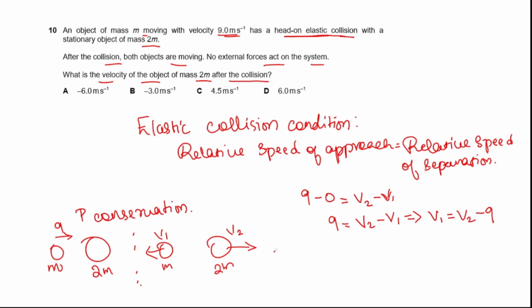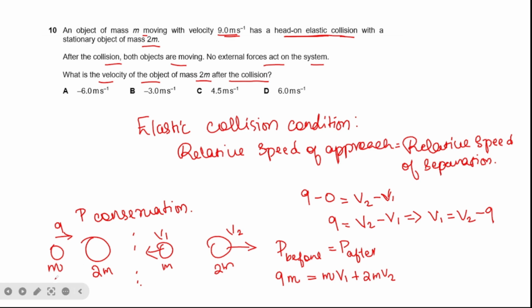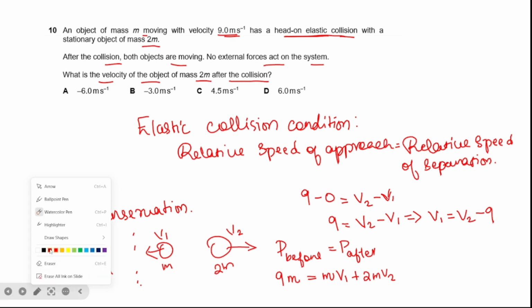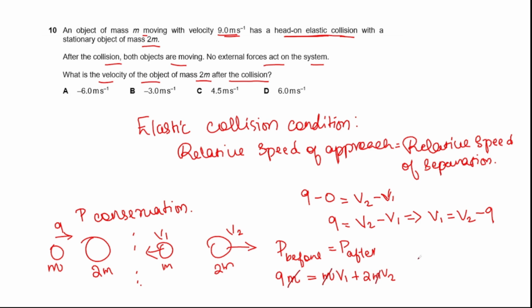Momentum before collision, only for the object m, is m times 9, equal to the momentum after collision, m v1 for the first object and 2m v2 for the second object. The m gets cancelled, and 9 is equal to v1 plus 2v2.